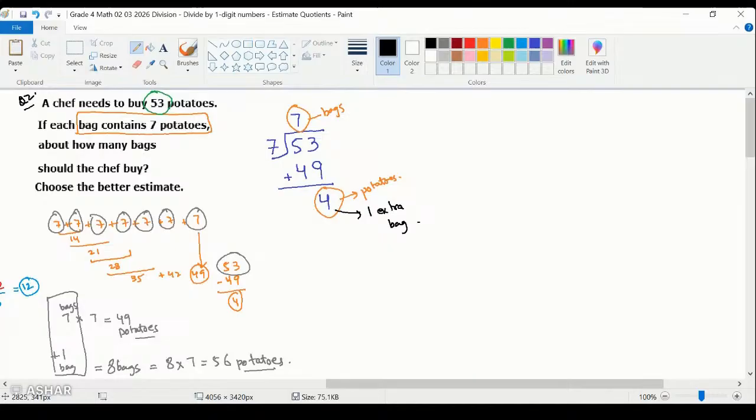You have to buy a bag which has 7 in it. Right? So how many bags does he need to buy? 7 complete plus 1 extra bag for the 4 potatoes, right? That means 7 plus 1 would be, he needs to buy 8 bags.